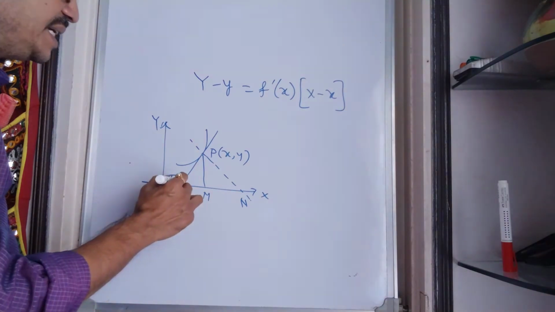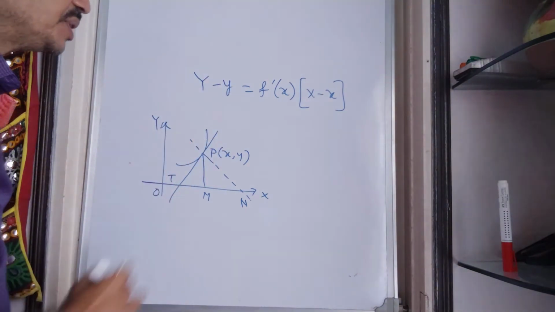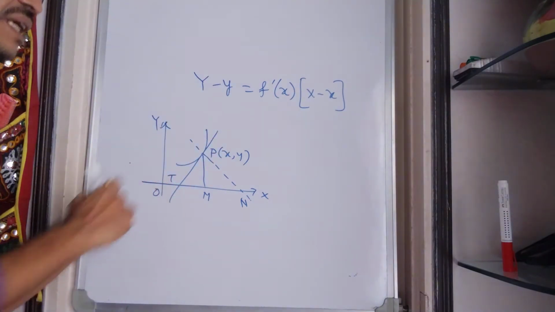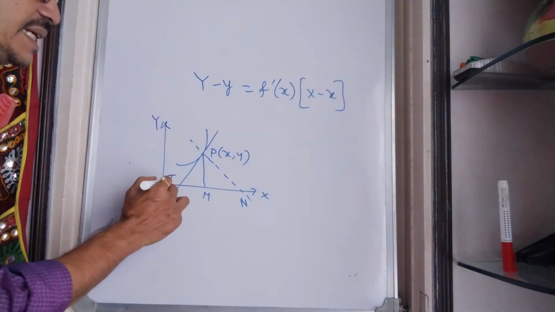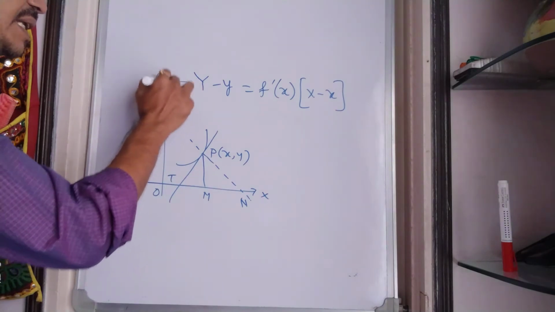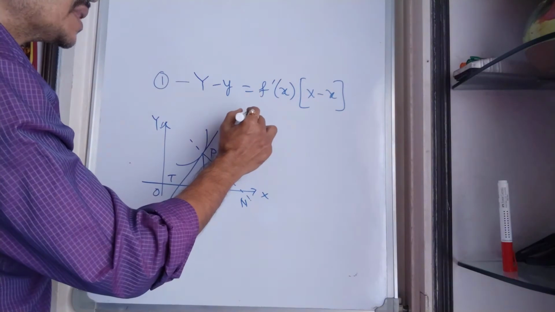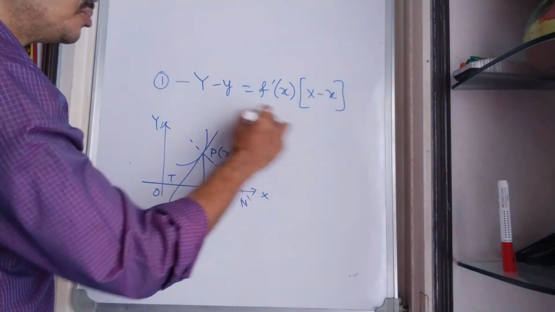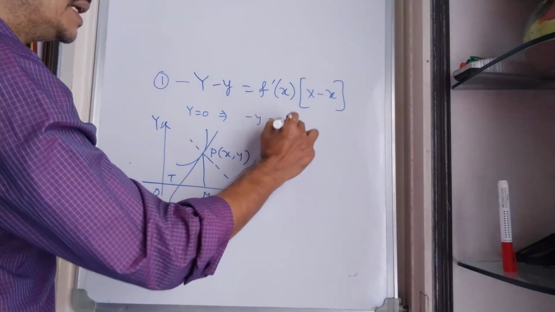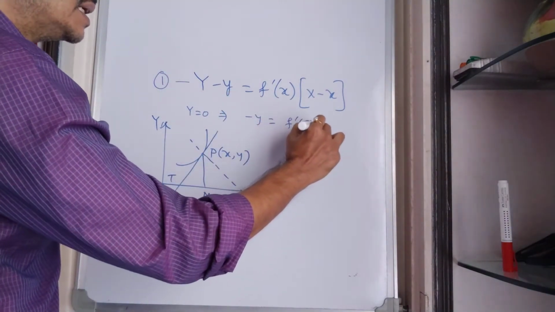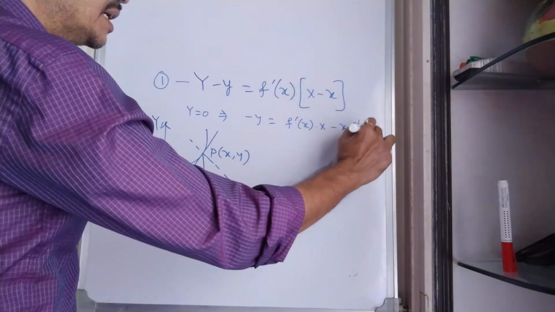To find the point T, we must put capital Y equal to 0 so that we get the value of the point T, isn't it so? This straight line meets the x-axis at T. So this is the equation of the straight line, the equation of the tangent. We put capital Y equal to 0 here, and then we get minus y equal to f prime x into capital X minus x into f prime x.